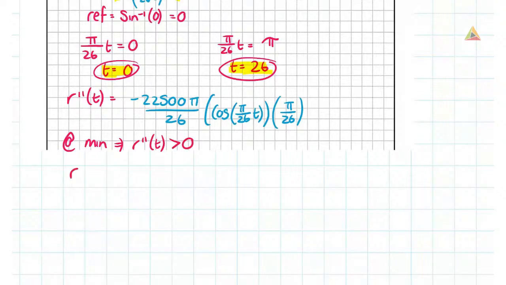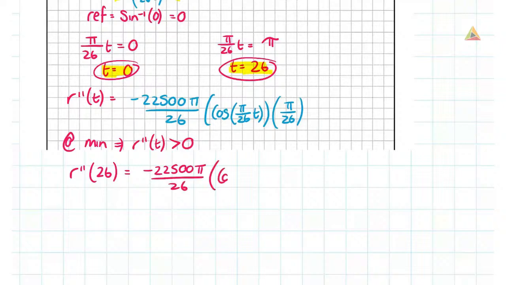So what we do is we take our 0 and we take our 26 and we sub in to our second derivative. Now, look, I know it's going to be 26, so I'm just going to sub in 26 and show you what we get. You can obviously also try sub in 0, but you should be getting a negative answer, and that tells you that it's a maximum point.